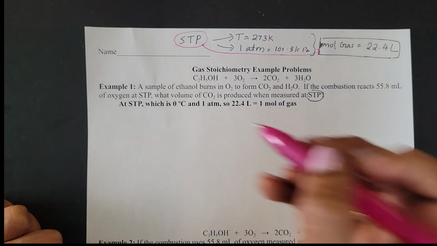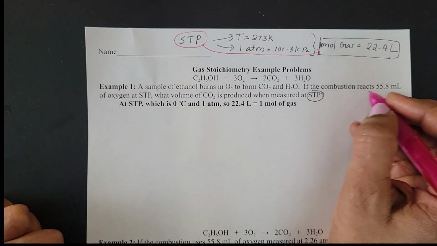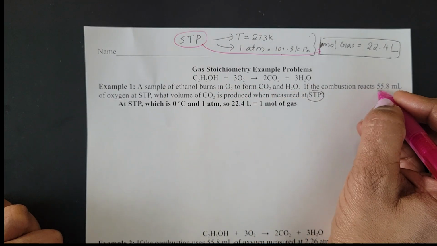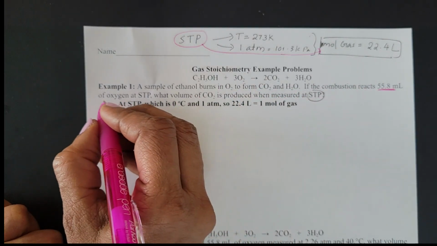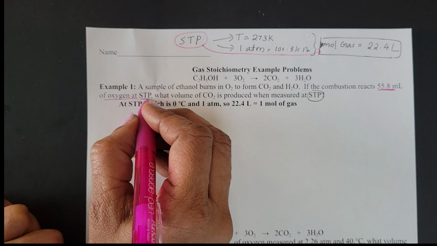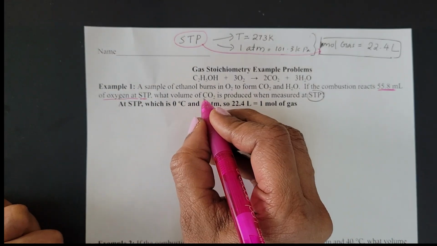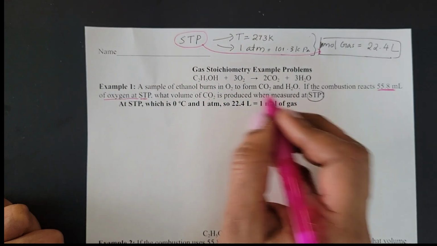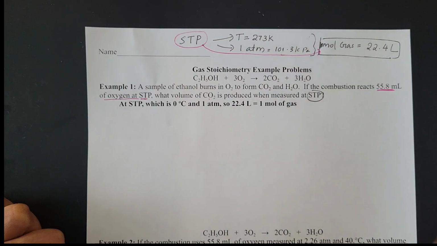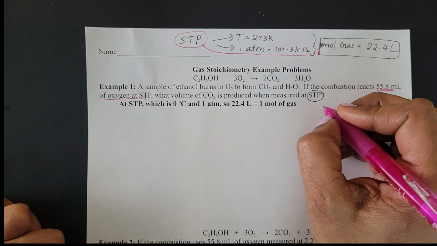Okay, so here this question says volume is given. So this is given, 55.8 mL of oxygen, which is at STP. And you are looking for CO2 volume at STP. Okay, so let me process this.